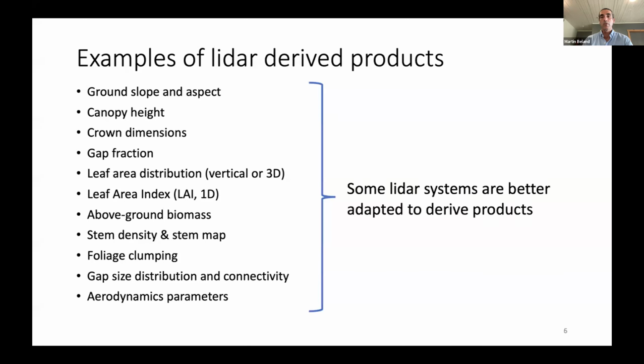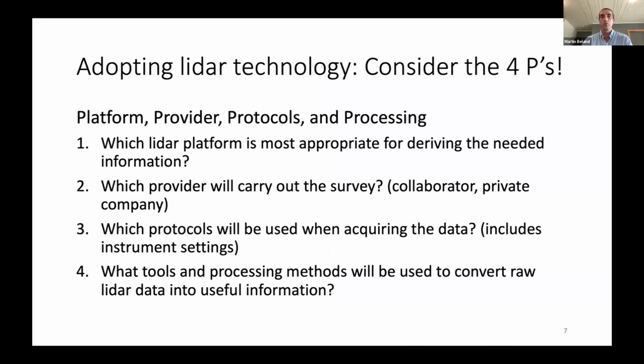And the message I want to send here is that some LiDAR systems are better adapted to derive some of those informations than others. And it's nice to have some advice from somebody who's used these systems before to figure out which one is the best to use.